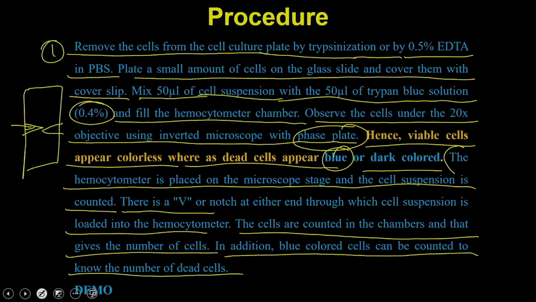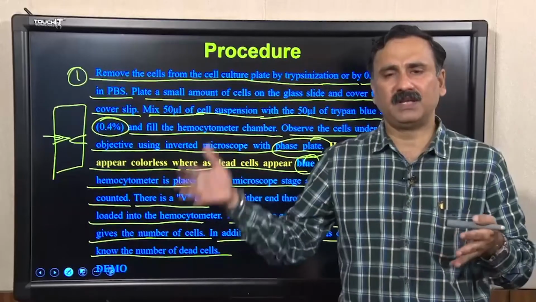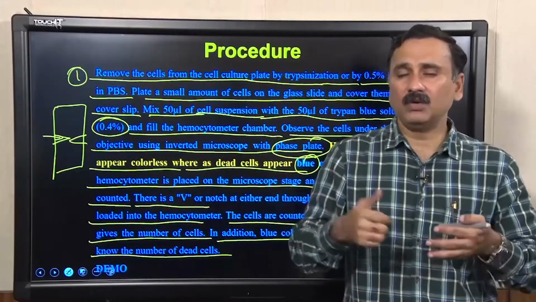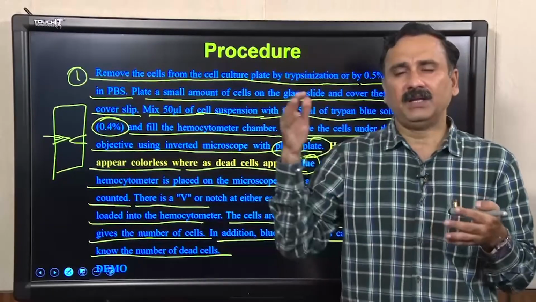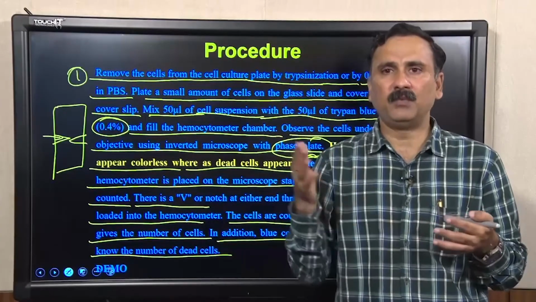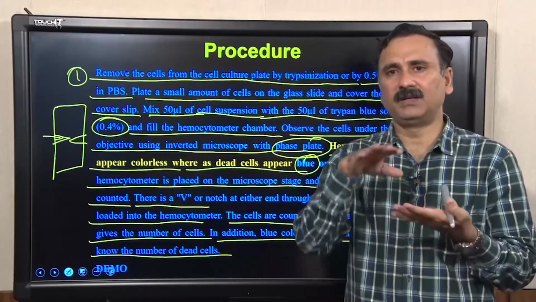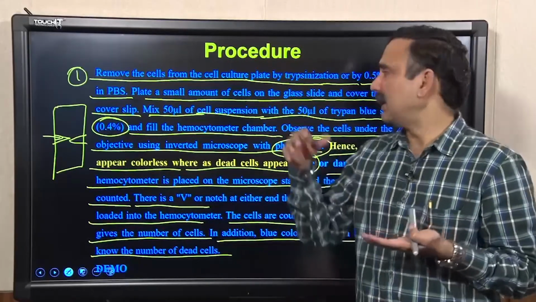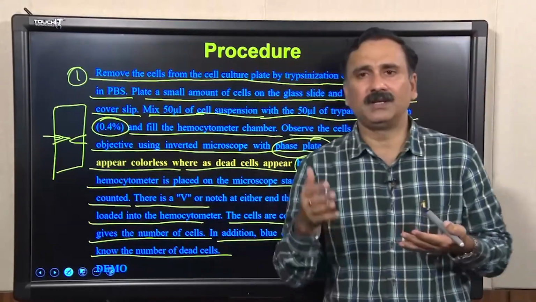In this particular procedure, first you have to trypsinize the cells. When you add the trypsin enzyme, or you can use the EDTA, it is either going to chew up all the receptors that the cells are using to stick to the dishes, or it is going to destroy the calcium.